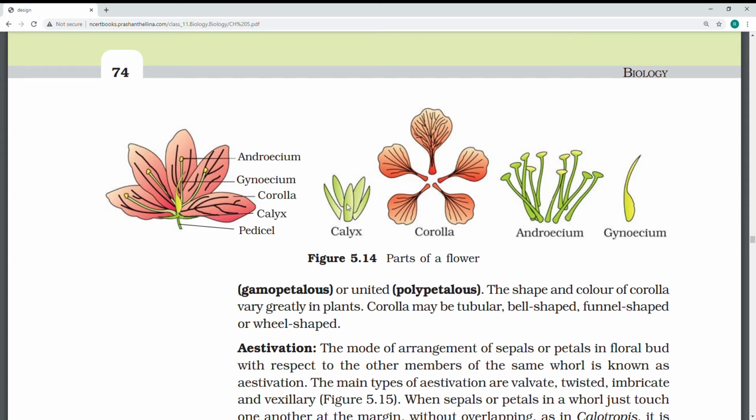But when it is free, then it is polysepalous. The shape and size of corolla vary greatly in plants.